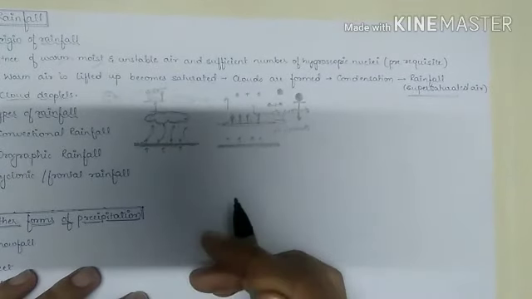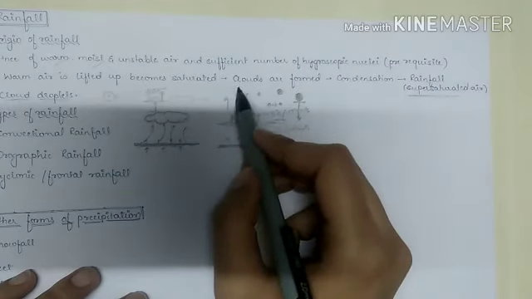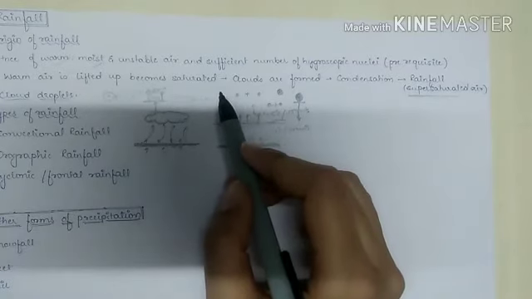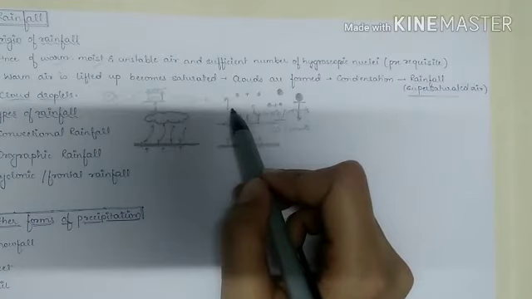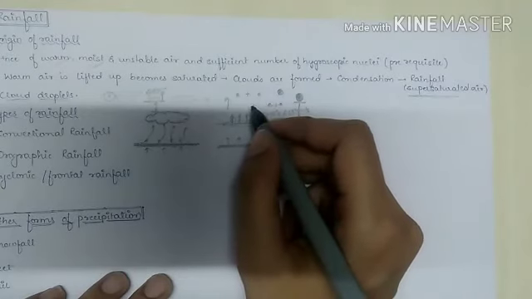Now this ascending air reaches the height where the temperature matches with the temperature of the surrounding air, and as it reaches the height the process of condensation starts. Okay, and here also cumulonimbus clouds are formed.